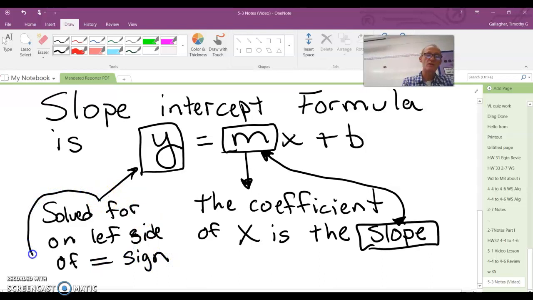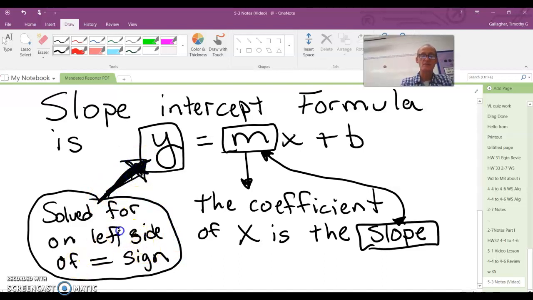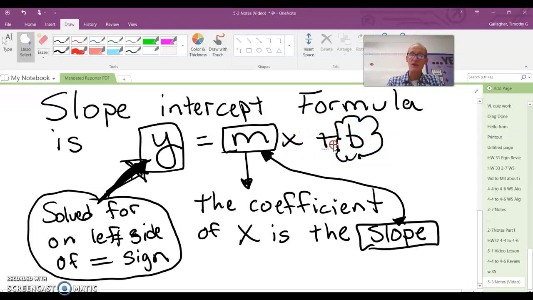So this y is solved for on the left side of the equal sign. The equal sign is here. The number in front of x, the coefficient of x, is called the slope. Now this number, b, could be positive or negative.